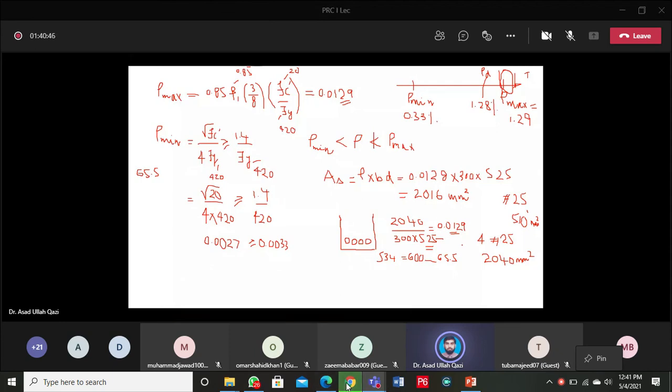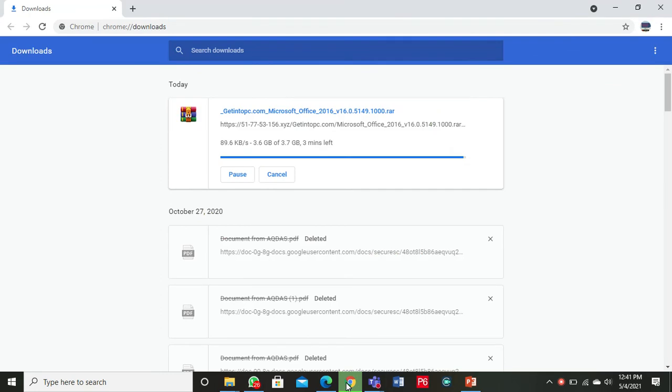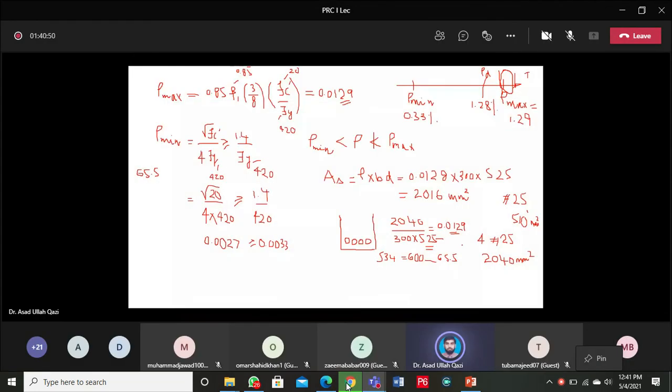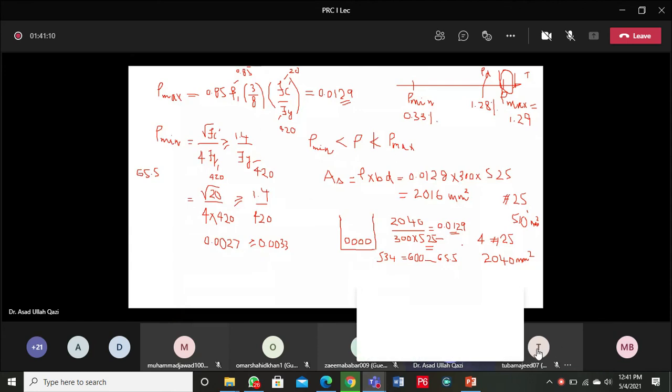But its vice versa is dangerous, that I am selecting 525, but actually at site I end up with an effective depth of, suppose, 500 or 515.